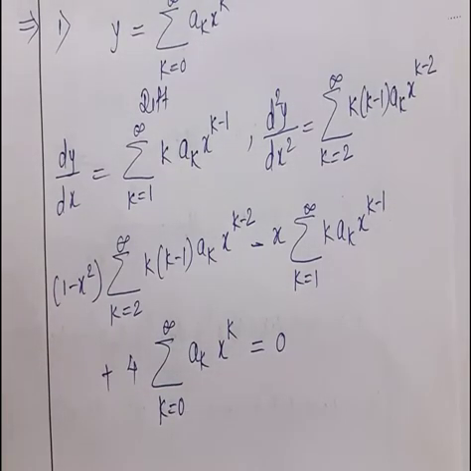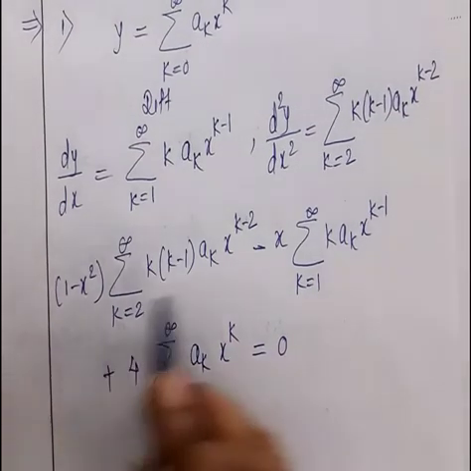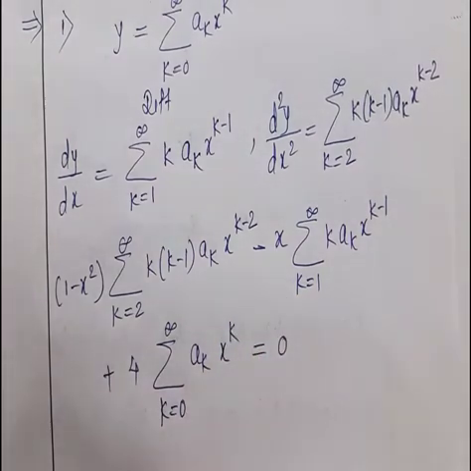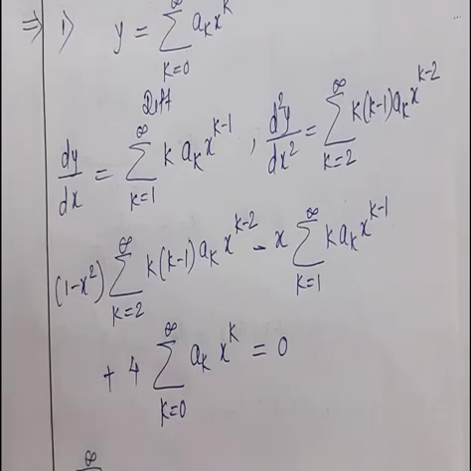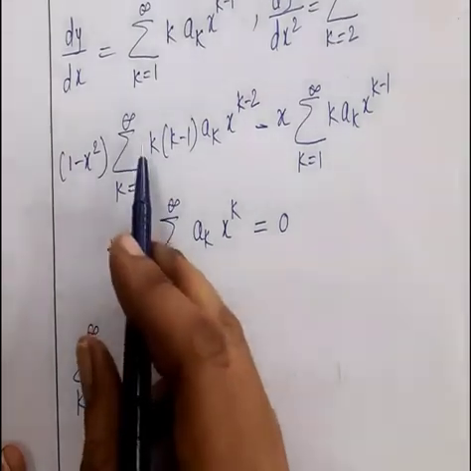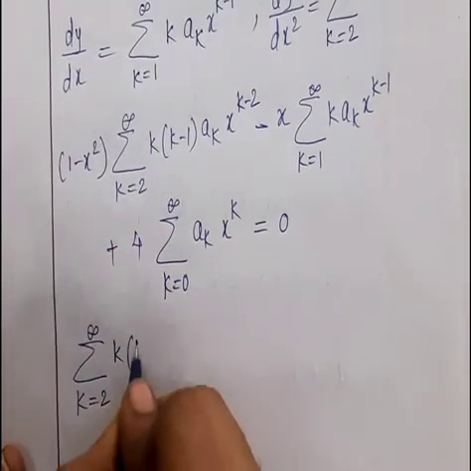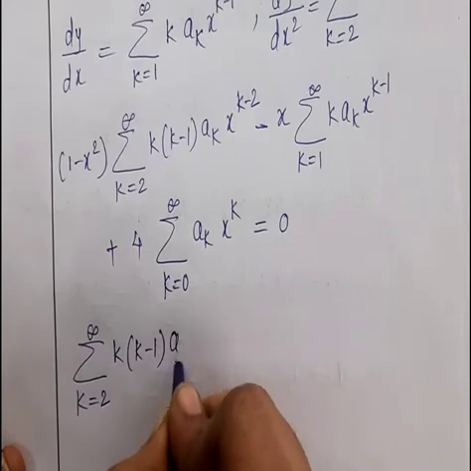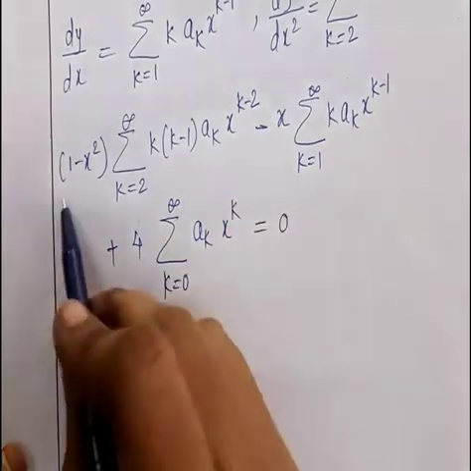Now simplify this equation. It is 1 minus x square multiplied by summation k is equal to 2 to infinity k multiplied by k minus 1 ak as it is, x to the power k minus 2.